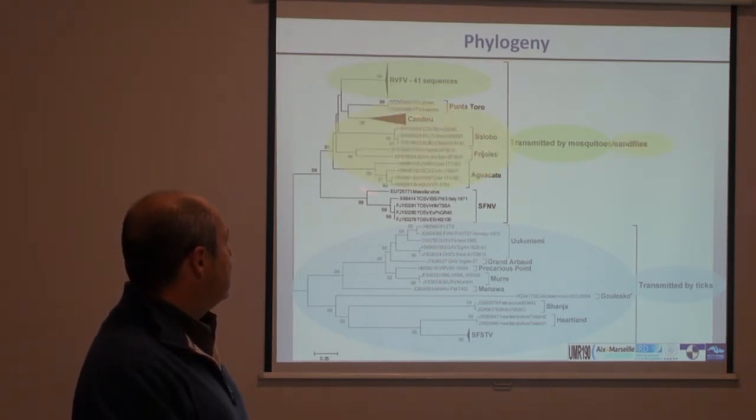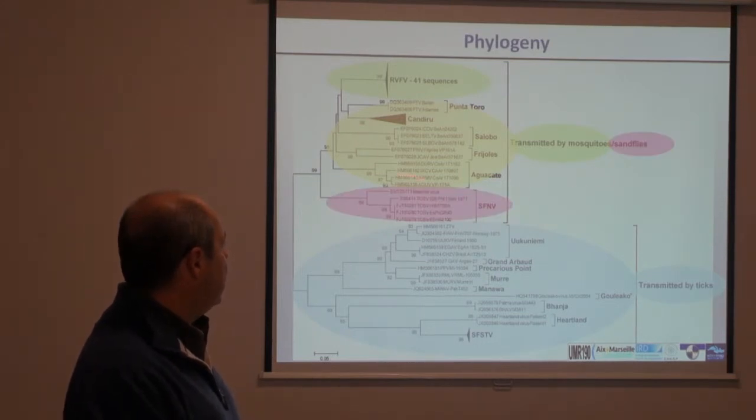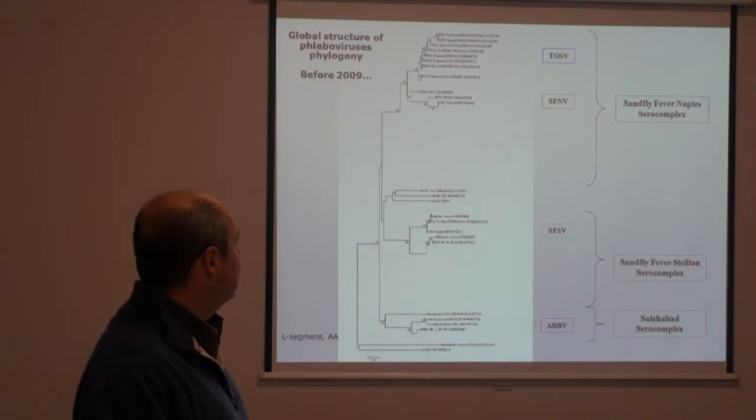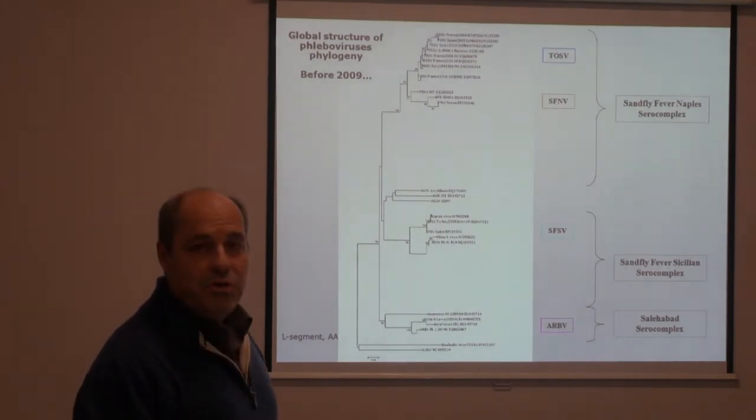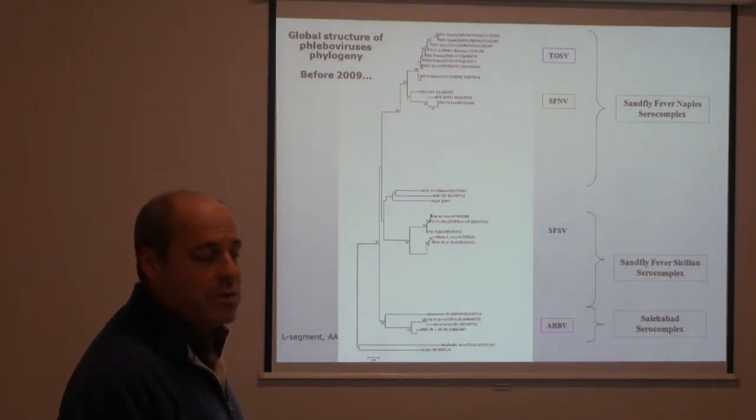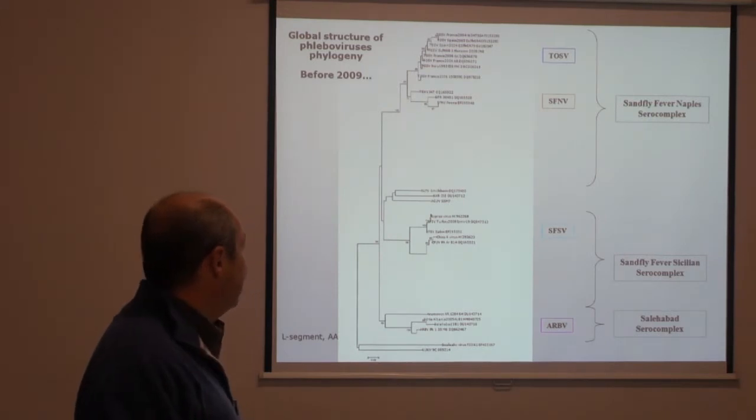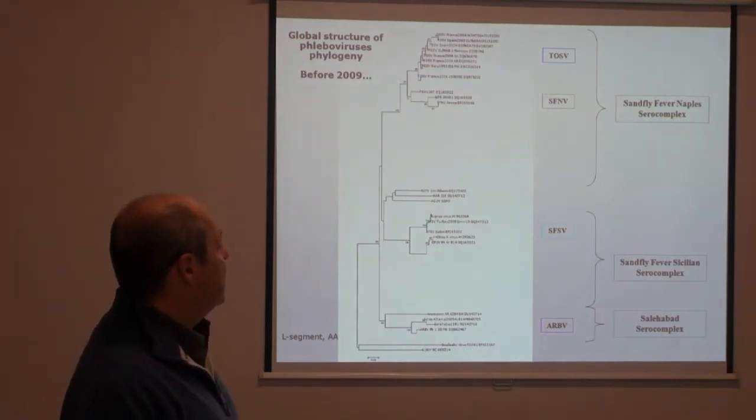There are viruses transmitted by sandflies in the New World, and there are viruses transmitted by sandflies in the Old World. So basically we talk only about the viruses transmitted by sandflies in the Old World and in the Mediterranean basin.